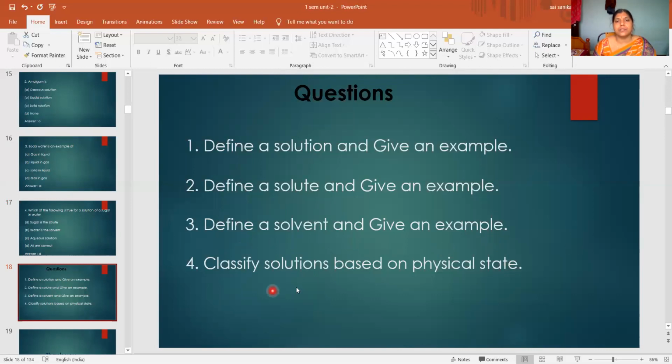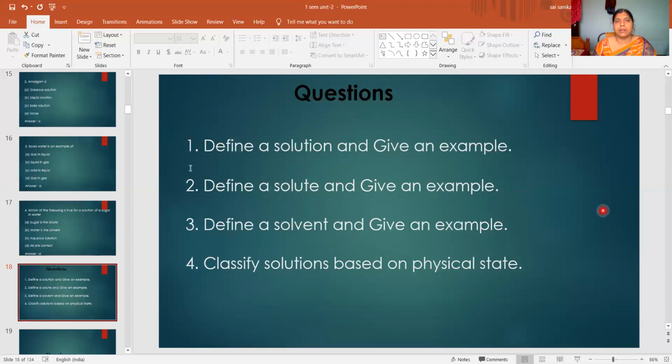And classification of solutions based on physical state. Among these, the frequently asked questions or maximum repeated questions are the definitions of solute, solvent and solution. Every year they will ask.